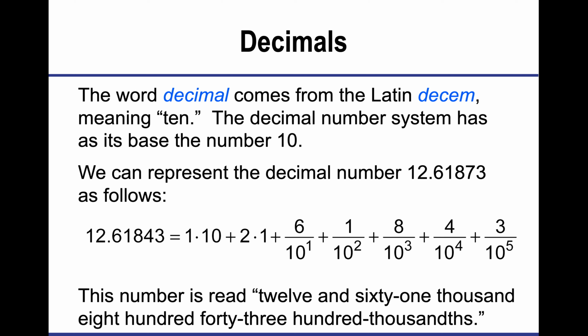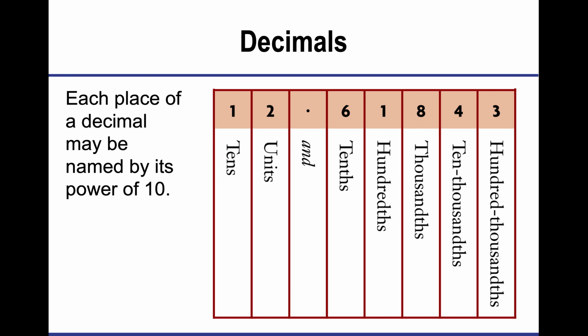So if I read this number out loud, it would be 12 and, so the decimal place is read as an and, 61,843 hundred thousandths. Each place behind the decimal is named by its power of 10, and notice we're just putting that th ending on it. So instead of tens, I have tenths.